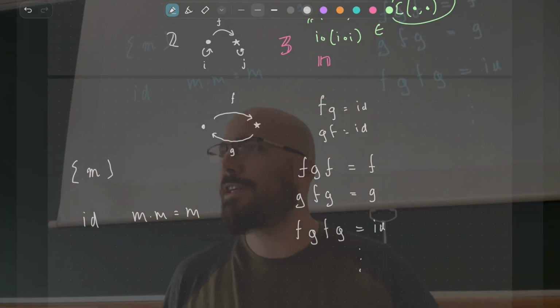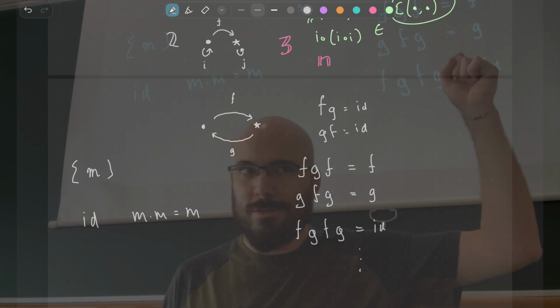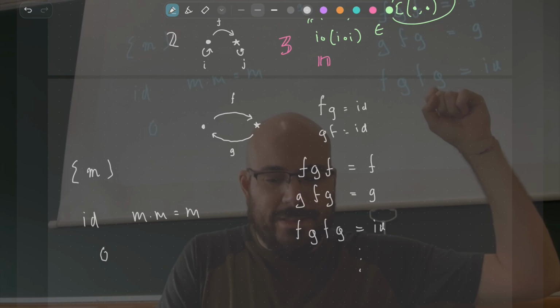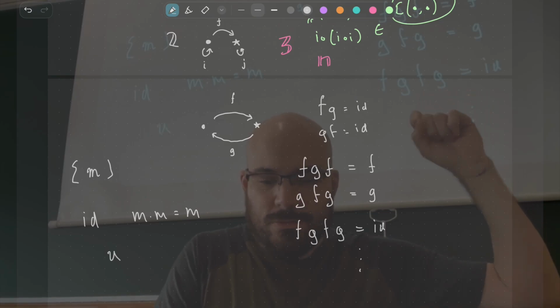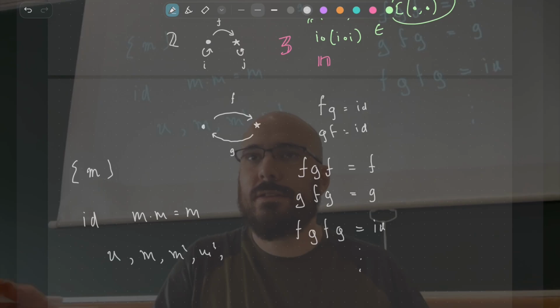So what is the freely generated monoid out of one symbol? Essentially, can you see it? You have an identity thing, let's call it U, okay? You have M, of course. What else do you have? You have M squared, you have M cubed, and all these are distinct.